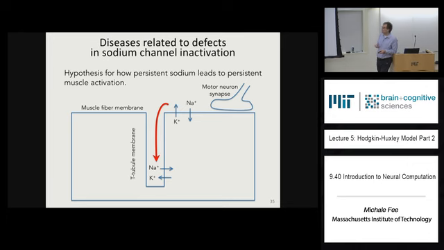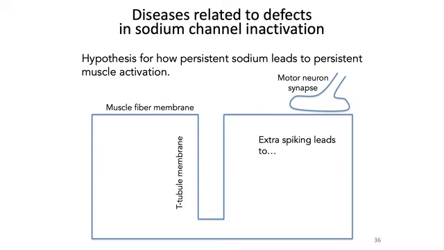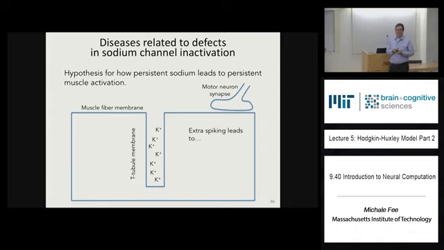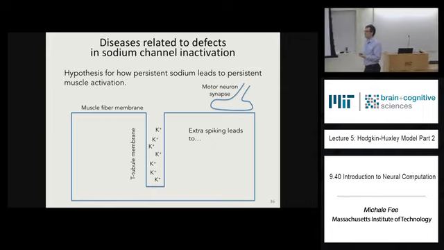So you're going to get extra spikes, and extra spikes means you're going to have a lot more potassium going into the T-tubule, right? And remember, we now have 300 or 400 milliseconds before that potassium can get out of the T-tubule by diffusion.